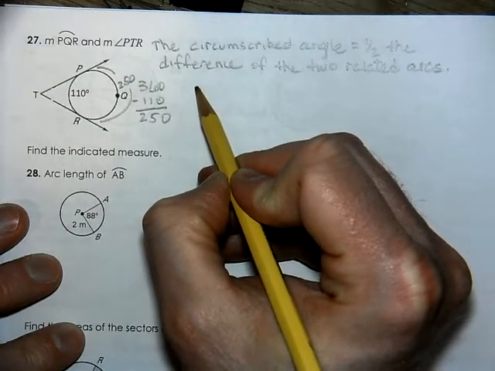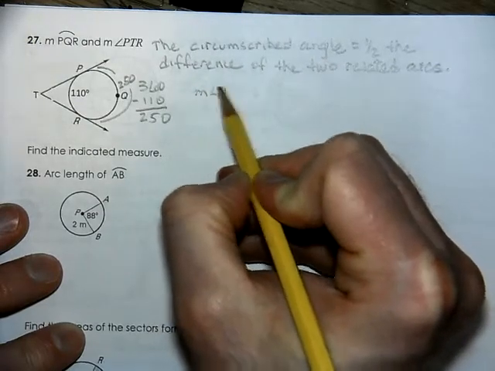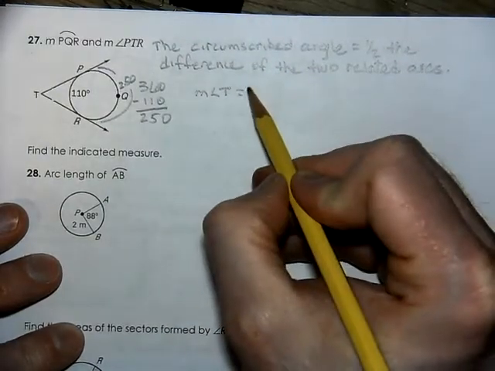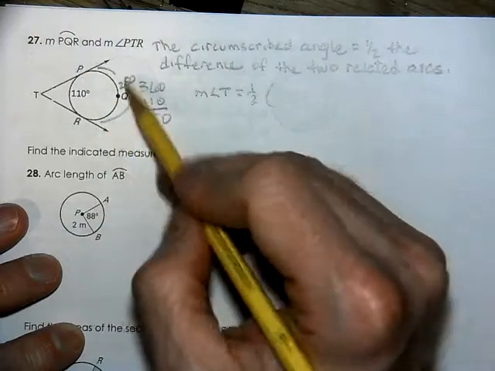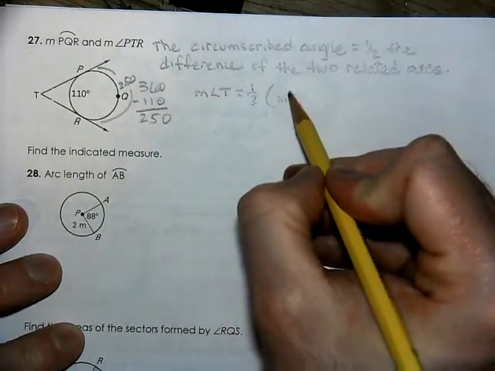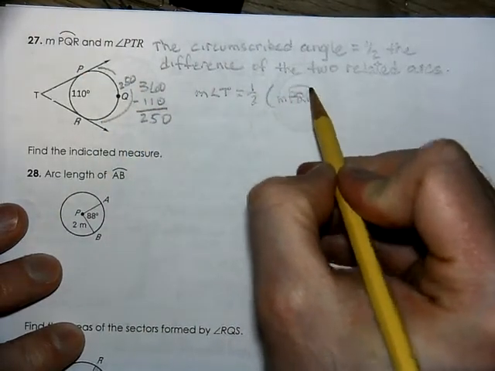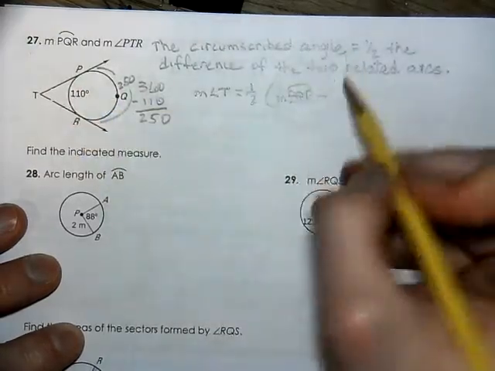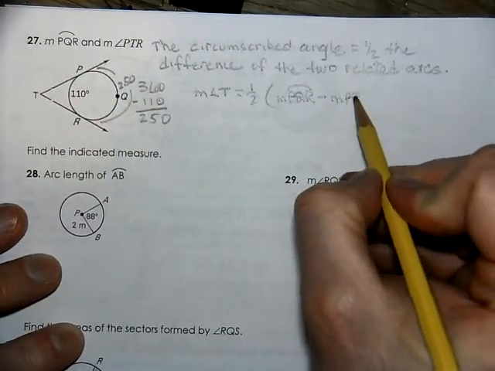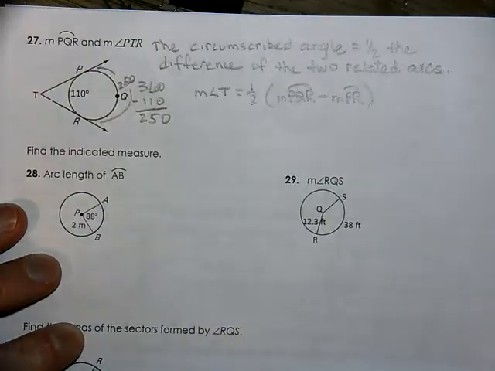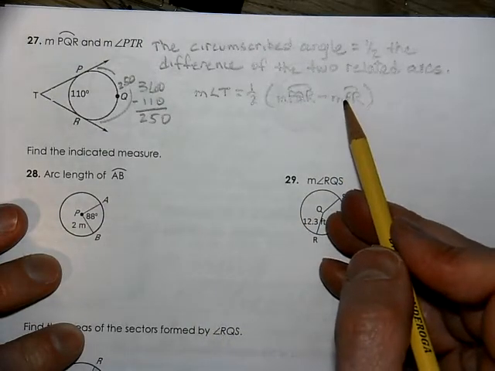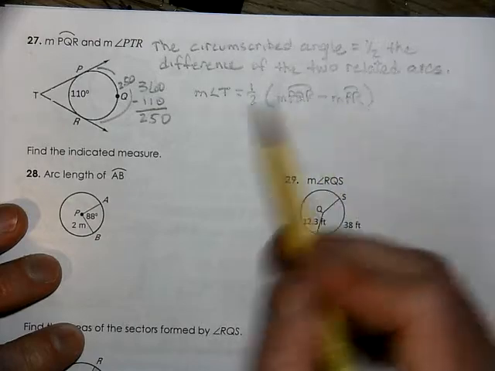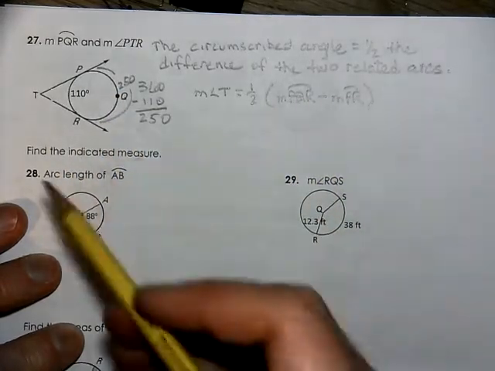So the measure of angle T equals half the, well, we'll take the big arc, the measure of PQR, minus the small arc, PR. So the big arc minus the small arc, half the difference of our two related arcs.